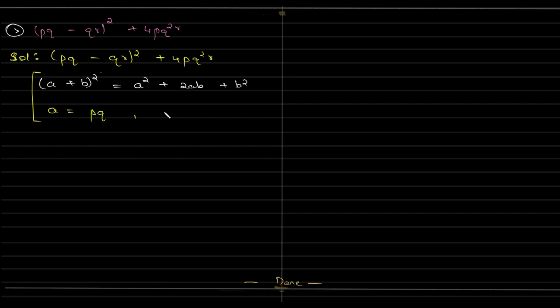PQ. B is QR. Close the bracket. Now substitute. We have PQ the whole square plus 2 into PQ into QR plus QR the whole square plus the next term is 4 PQ square R. Oh sorry, this is negative now.